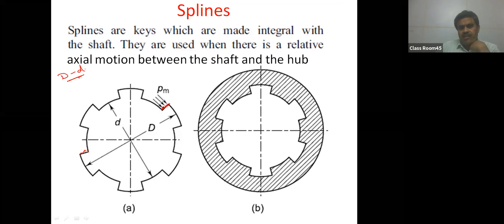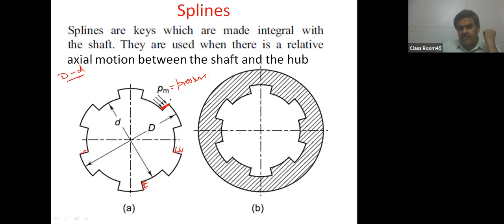So this area is in contact with the shaft and hub after the assembly. So this area is under pressure. PM is the pressure coming on this spline. Pressure is coming on each and every spline, and all these 6 splines are under pressure.